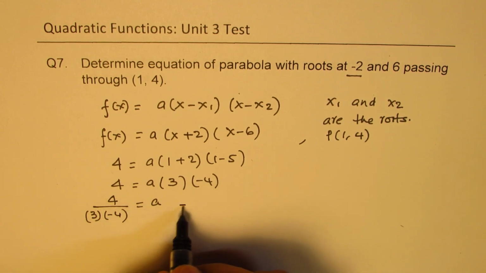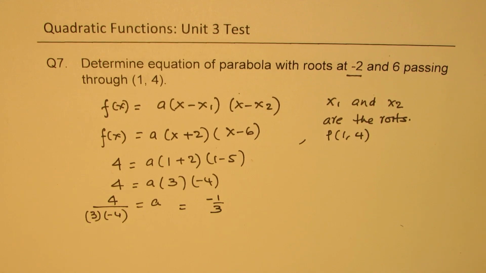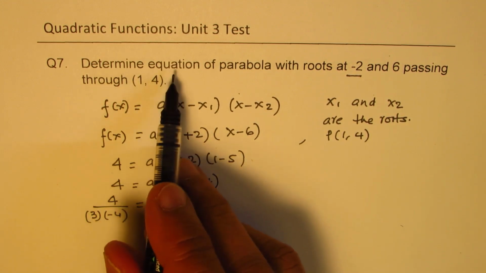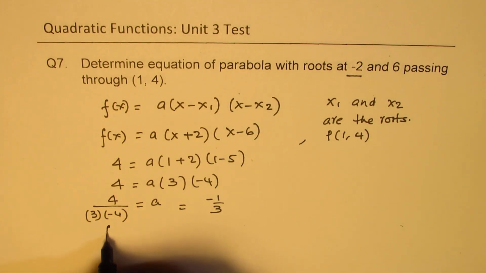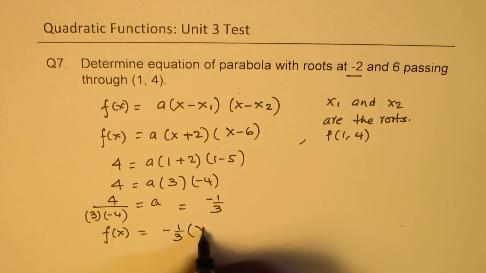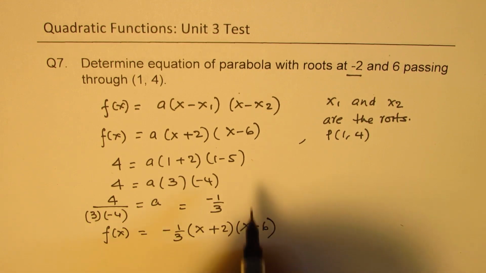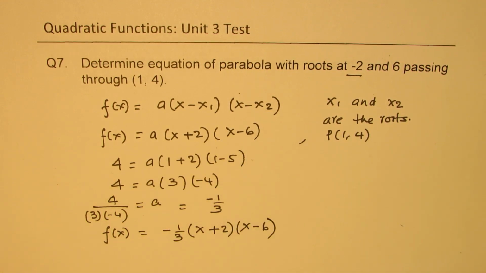So we get the value of a as minus 4 over 15. Therefore, we can now write the equation of the parabola, which is our quadratic function, as minus 4/15 times (x plus 2) times (x minus 6), correct? So that becomes the solution.